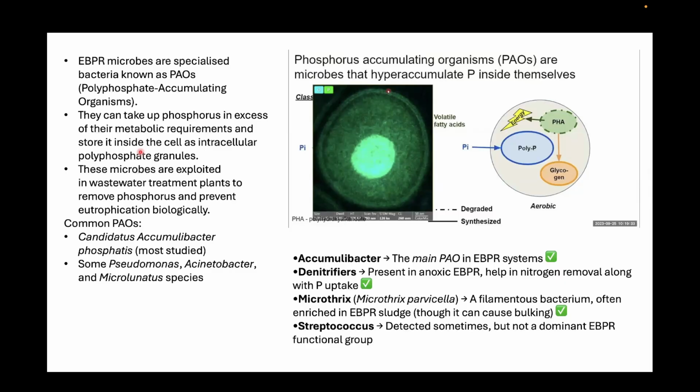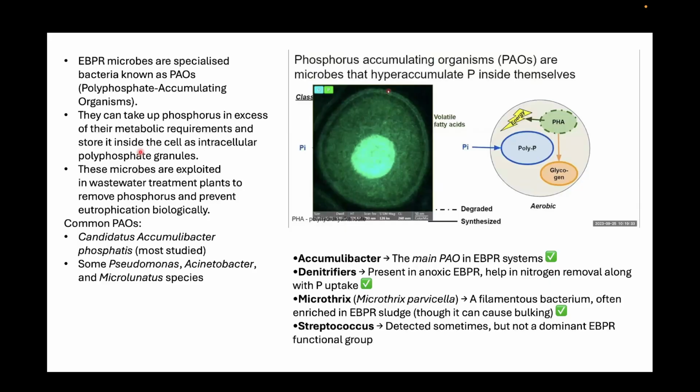Such bacteria are known as polyphosphate accumulating organisms or PAOs. These bacteria are used for EBPR, which stands for enhanced biological phosphorus removal.